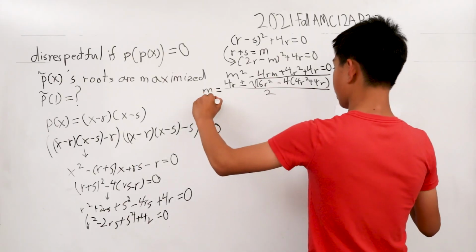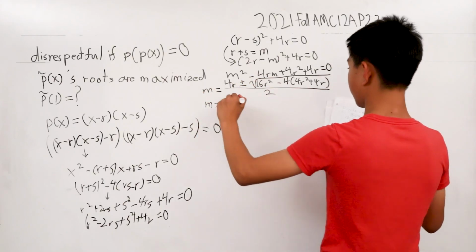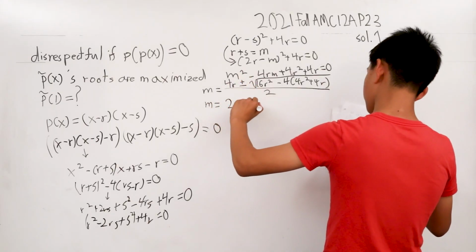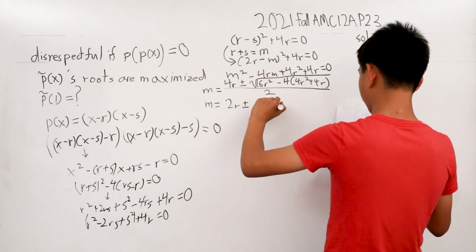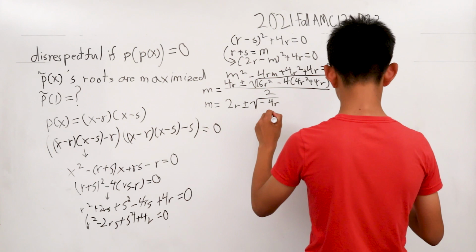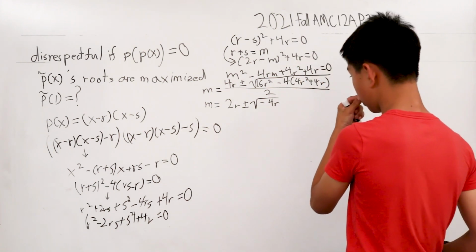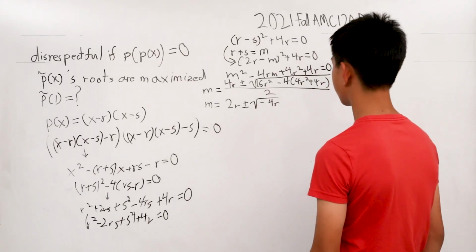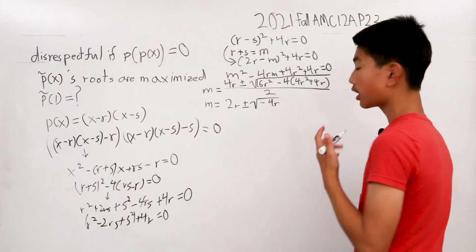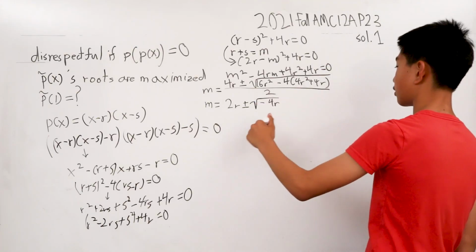Well, this can all just simplify if you just do some mental crossing out here. And then divide by 2, it's 2r plus or minus the square root of negative 4r. Since we already divided by the 2, we can see here that there's another 2 here in which there's a 4. We can take out the 4 but keep the negative inside the square root to make that a 2.